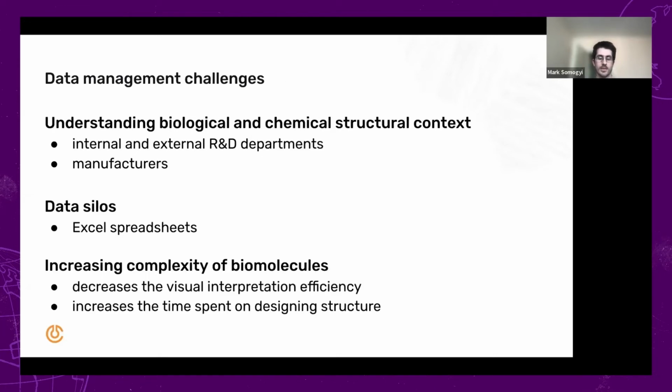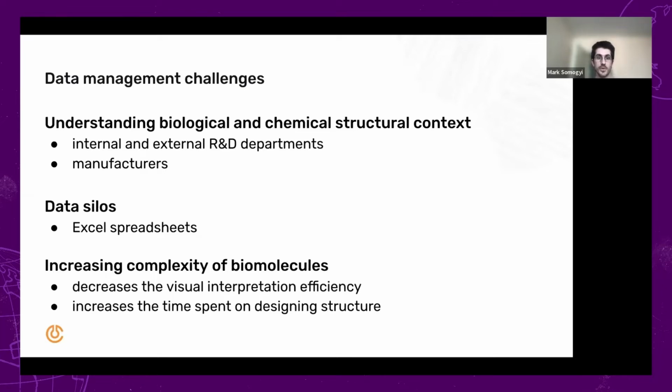As a result of these trends and circumstances, there is a tremendous amount of data management challenges ahead for the already established informatics systems. For instance, one of these challenges is to understand the biological and chemical structural context to a sufficient extent. This is actually the number one issue for organizations that need to combine chemistry with biological knowledge within and all across the R&D departments.